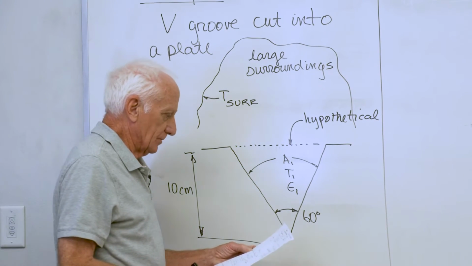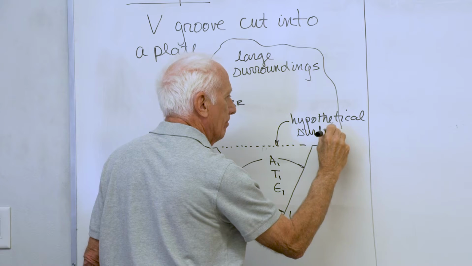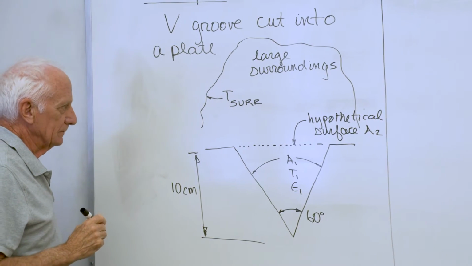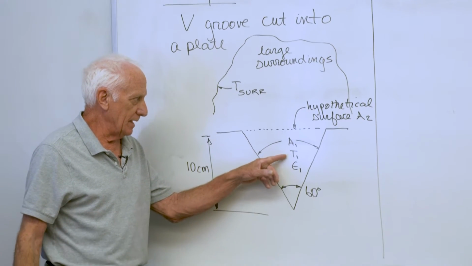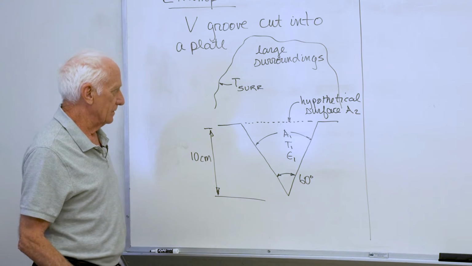I think I call that surface 2. Okay. Now I've made an enclosure with two surfaces, A1, the side walls of the groove, and A2, the hypothetical surface.